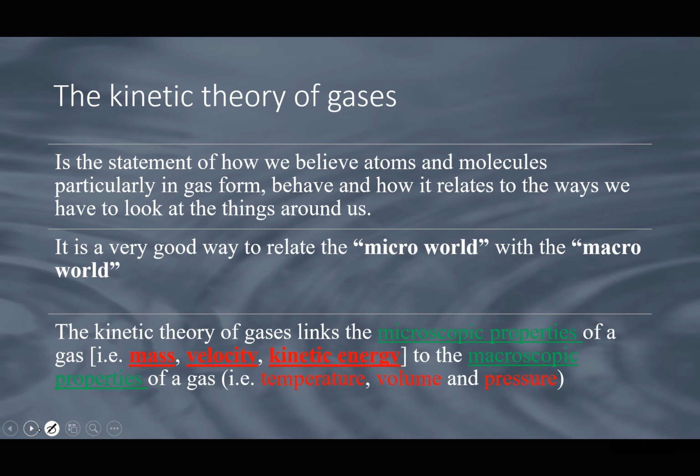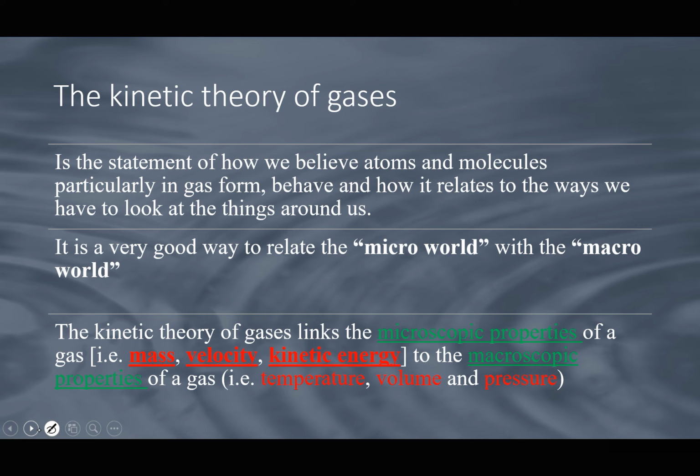So what we call the kinetic theory of matter is simply a statement of how we believe atoms and molecules, especially those in gases, behave and how it relates to the ways we have to look at things around us. So it is just a statement giving an explanation of how molecules or atoms that make up gases behave.